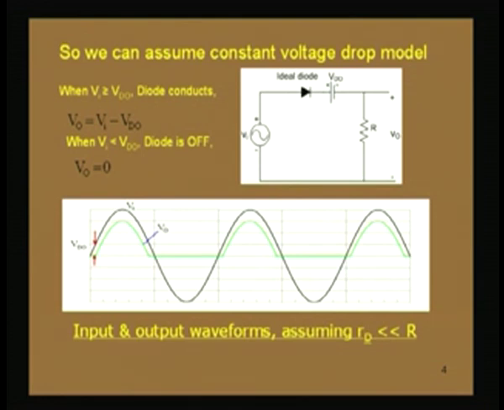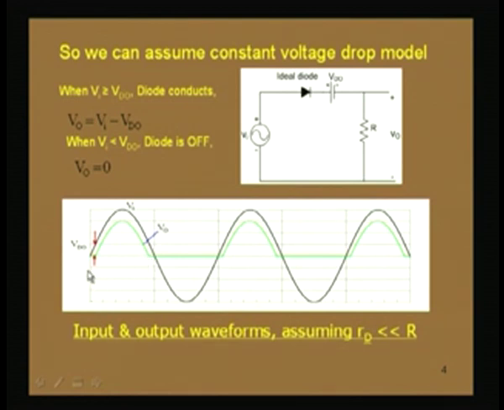Now, this output voltage, as we see here, is almost 0 in the negative half cycle as well. To a little portion inside also it is 0, that is because whenever the input is less than 0.7 for silicon, that is less than V_D0, then output voltage will be 0. So, from this point you see that voltage becomes 0.